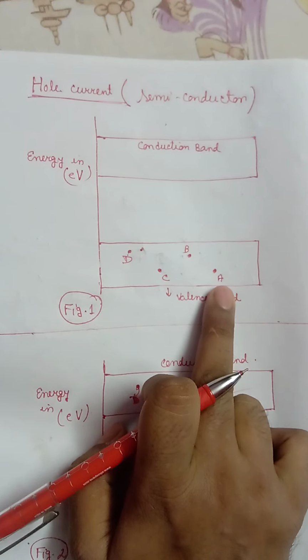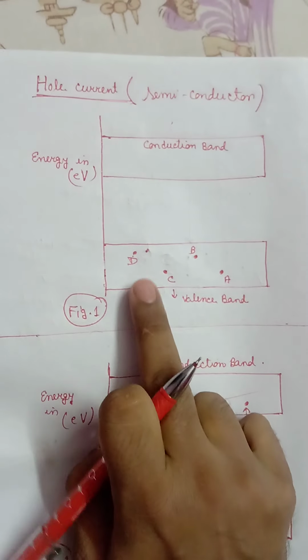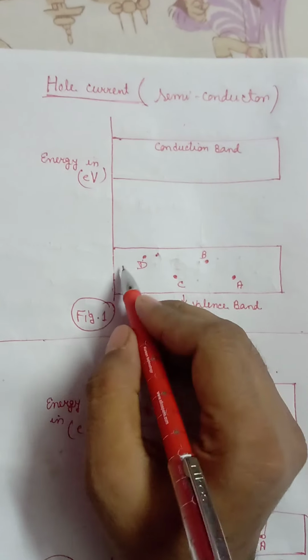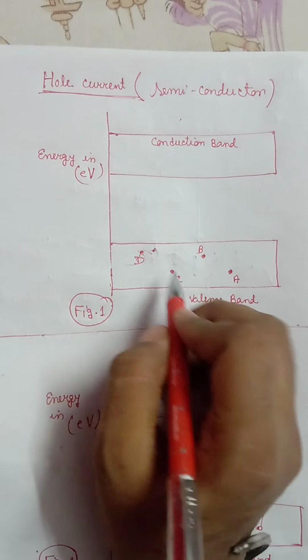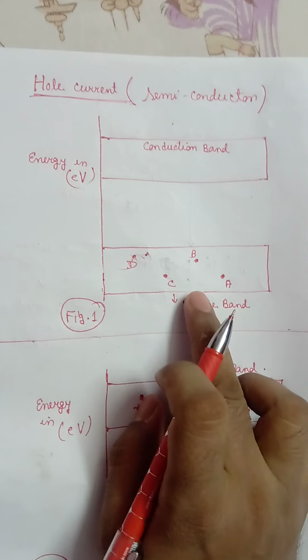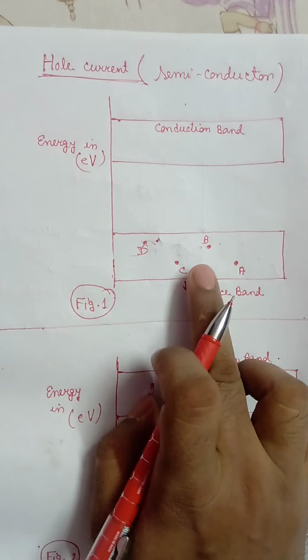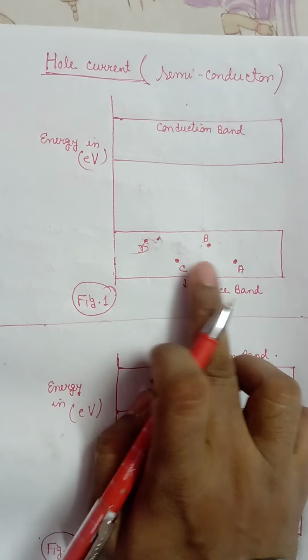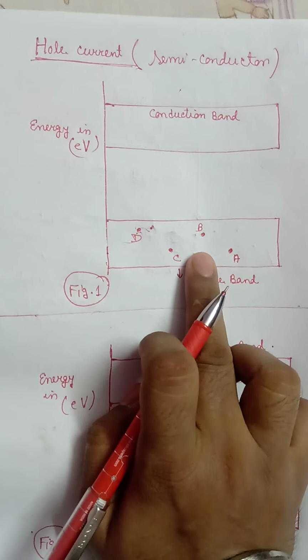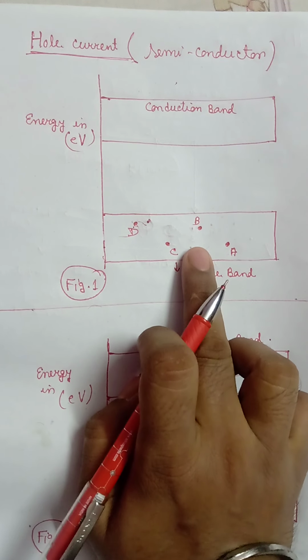I am representing the valence electrons by A, B, C and D, and you can see 4 dots are there. These dots represent the valence electrons, and you know that these valence electrons are involved in making covalent bonds.